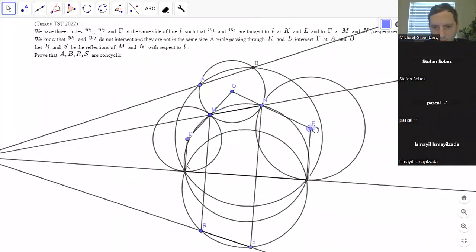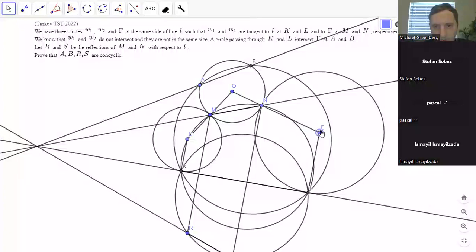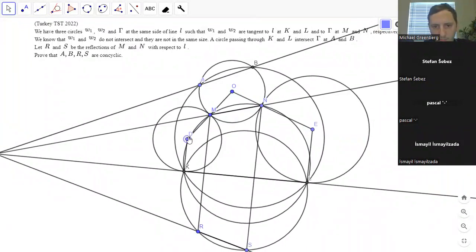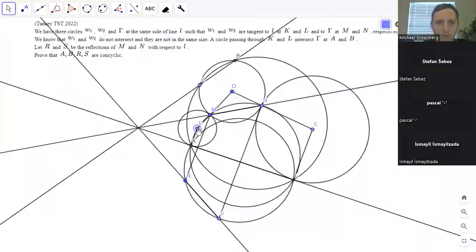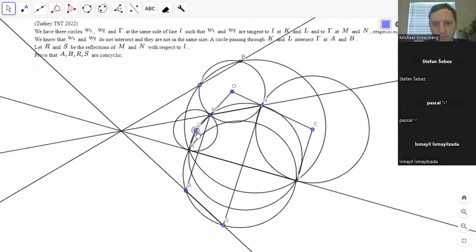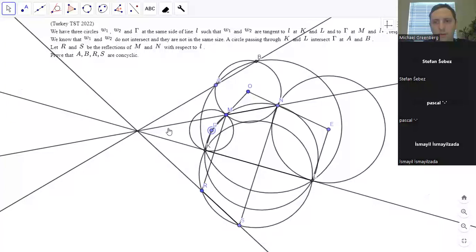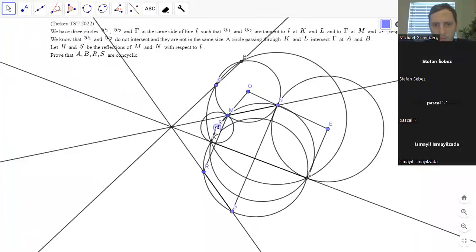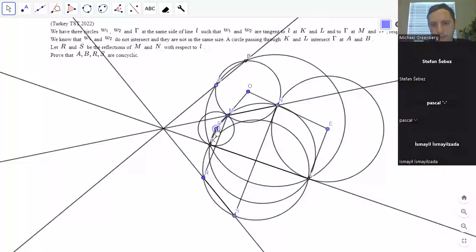So if I move it like that, and then I make DM smaller, then it looks a little easier. So that will just give me more room to write the proof. Something like that.